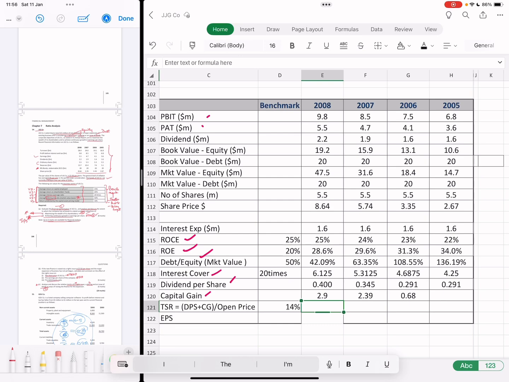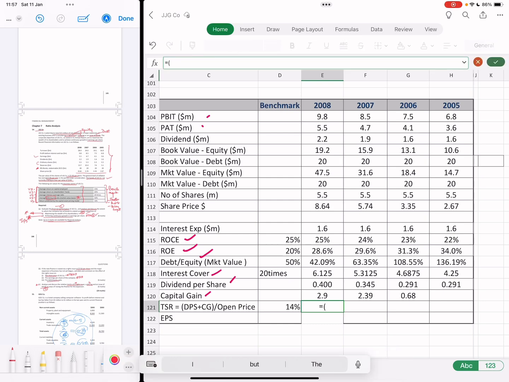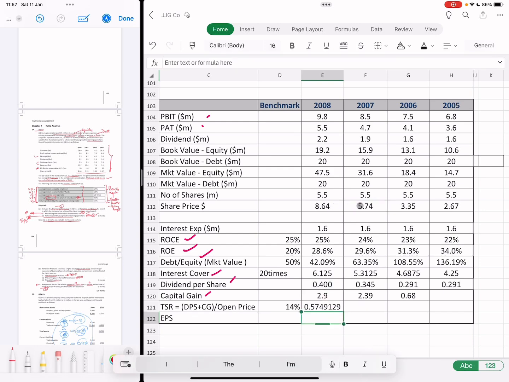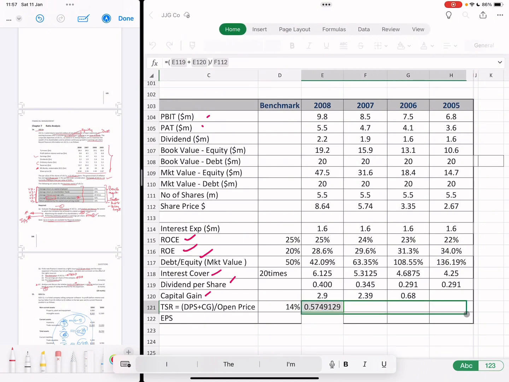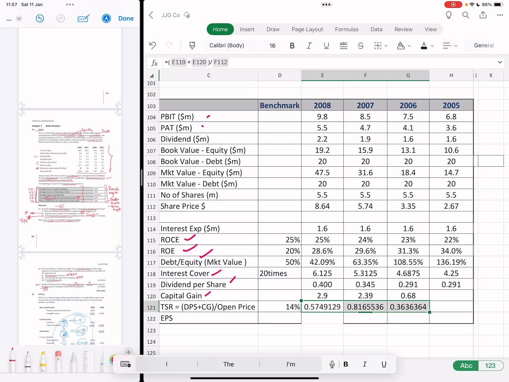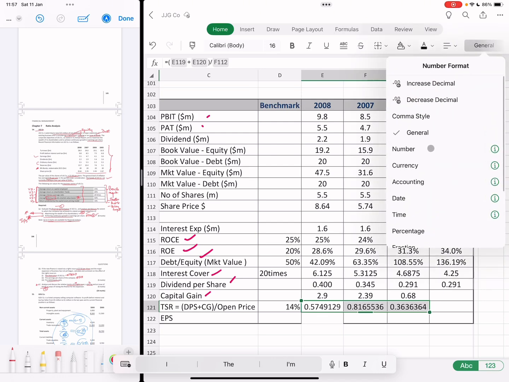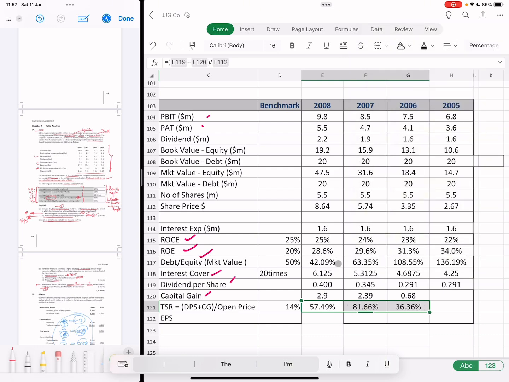So for TSR, we add the dividend per share plus the capital gains, then all of those benefits are divided by the amount we invested at the beginning of the year. And that gives us the TSR for all the years except 2005, because we didn't have the opening price for 2005, so we won't be able to do that. And we also record it in percentage.